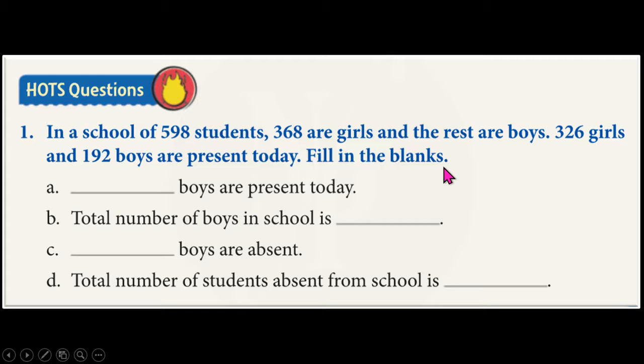Fill in the blanks. Let's understand this statement. There is a school. The total number of students in that school is 598. Among those students, 368 are girls and the rest are boys.